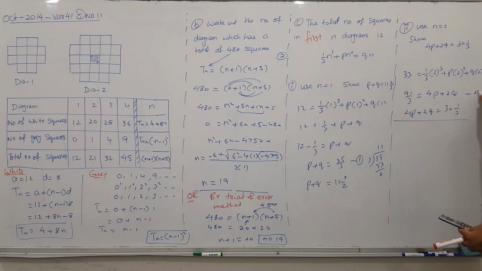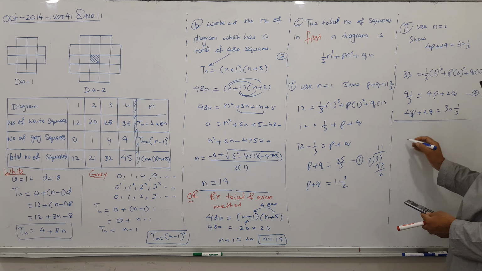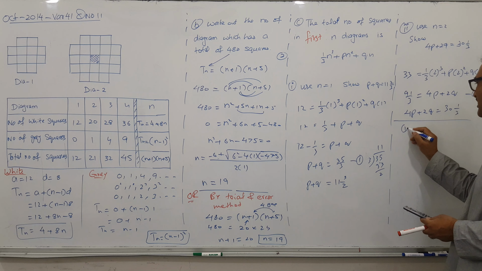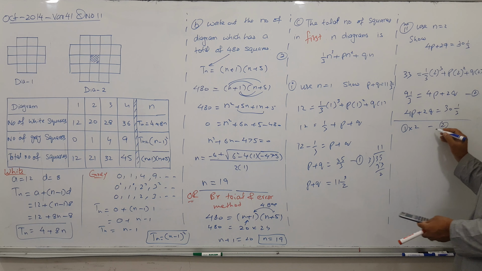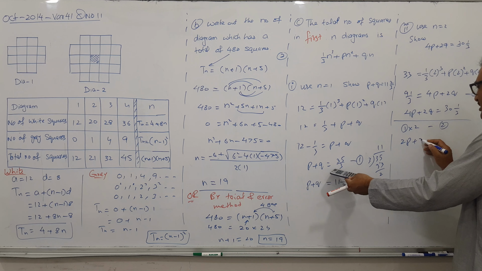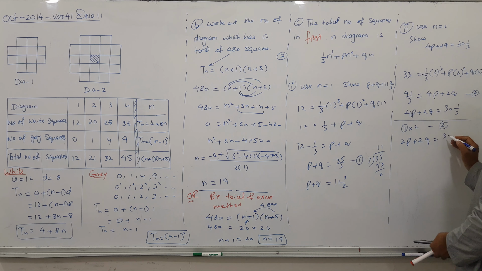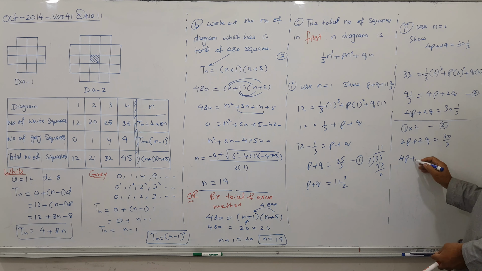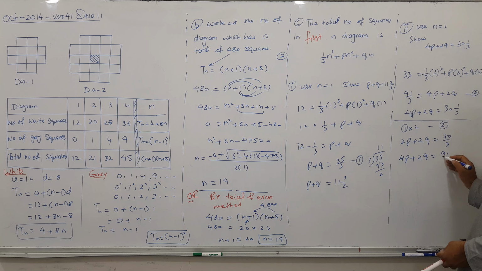Equation 1 here, equation 2. So you solve one, but what do we have here? 2q. So this into 2. So 1 multiplied by 2, then simply subtract from 2. Into 2: 2p, 2q, and 70 by 3. And this is 4p plus 2q equal to 91 by 3.